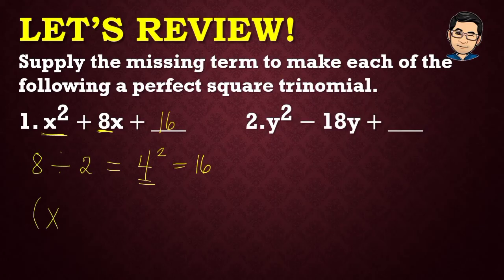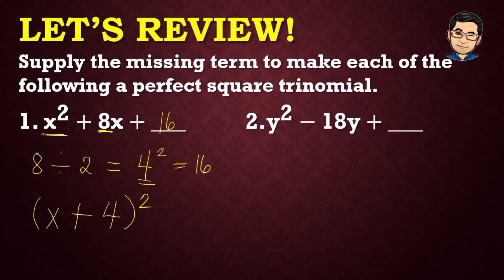Then copy the sign of the middle term, which is plus. The square root of 16 is 4. Then square. To check if we get the middle term 8x, we take twice the product of the first and last term: x times 4 is 4x, times 2 is 8x.